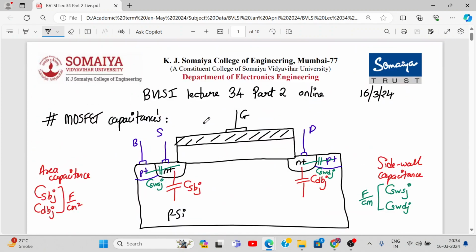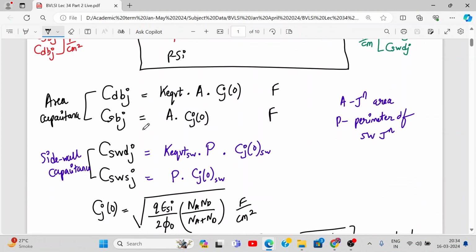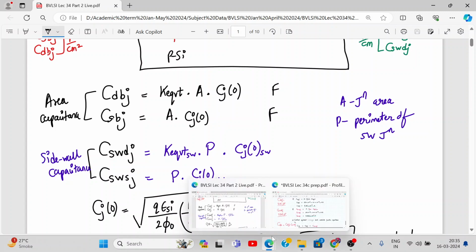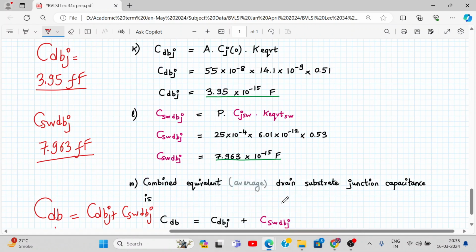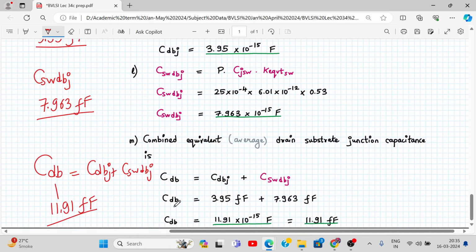They can even ask you to find out CSBJ. Okay, so that time it will be A into CJ0, no need to find K equivalent. So here we have found out CDBJ, junction, plus CSW, sidewall, plus area capacitance, and we got the answer as 11.91.